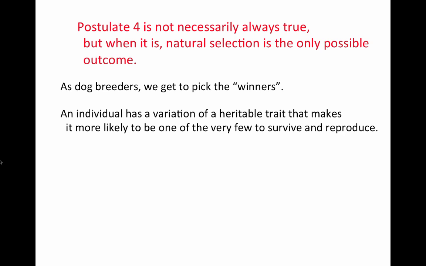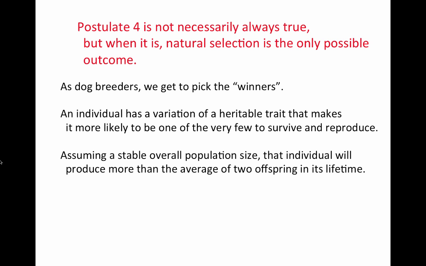It's going to select in a way that makes populations better fit to their particular environment. So, if an individual has a variation of a heritable trait that makes it more likely to be one of the very, very few to survive and reproduce, assuming a stable overall population size, that individual will produce more than its average of 2 offspring in a lifetime.